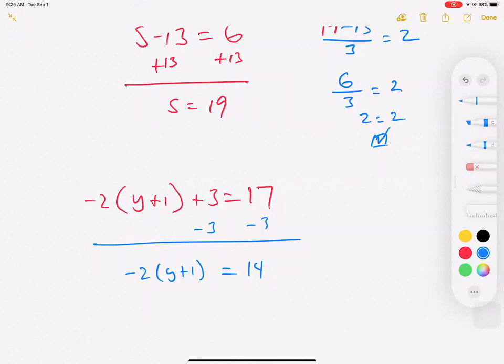Okay, thank you. A little less confidence here, but most people chose to divide by -2.